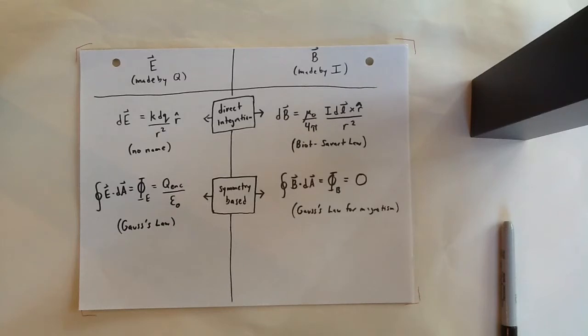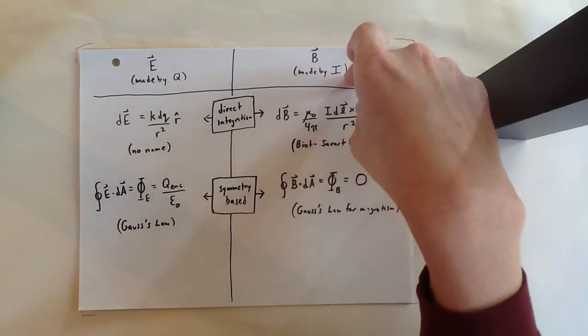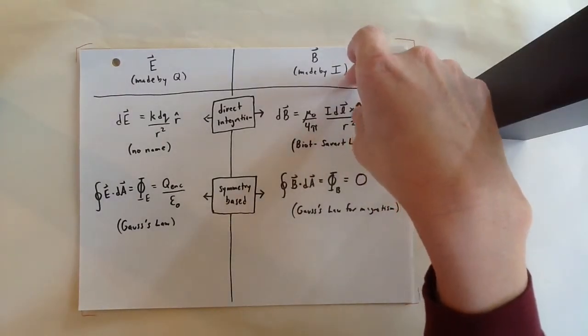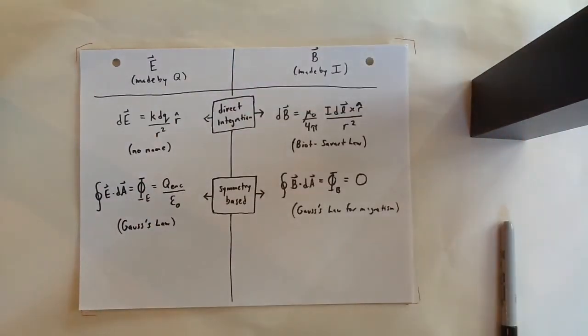But this is actually looking at what are the laws underlying that, so that you can, in a pinch, if you have a current that is in a configuration that is not exactly what you've seen before, you could still find the magnetic field that it makes.